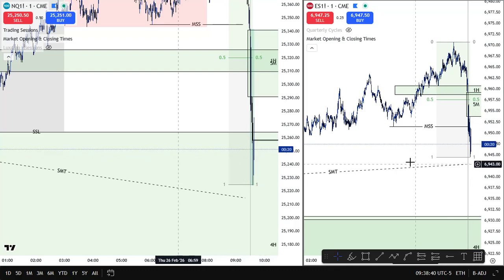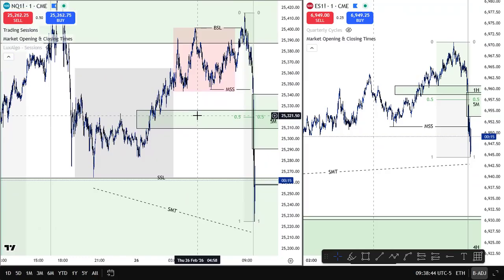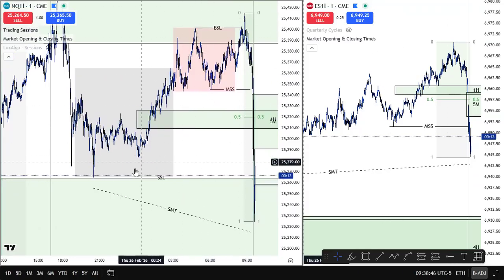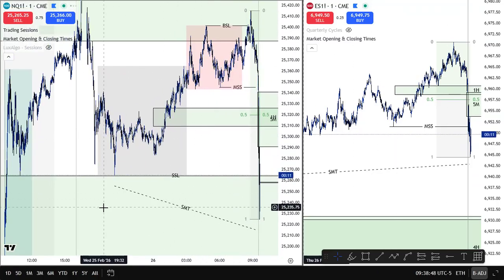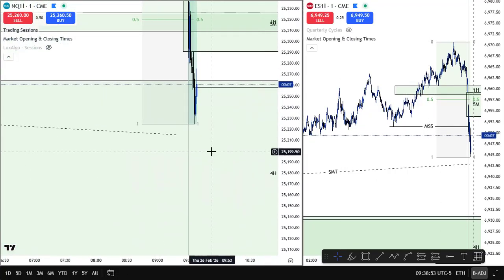Accumulation, potential manipulation. Low and high taken, Asia low taken. So for me, it's very simple.